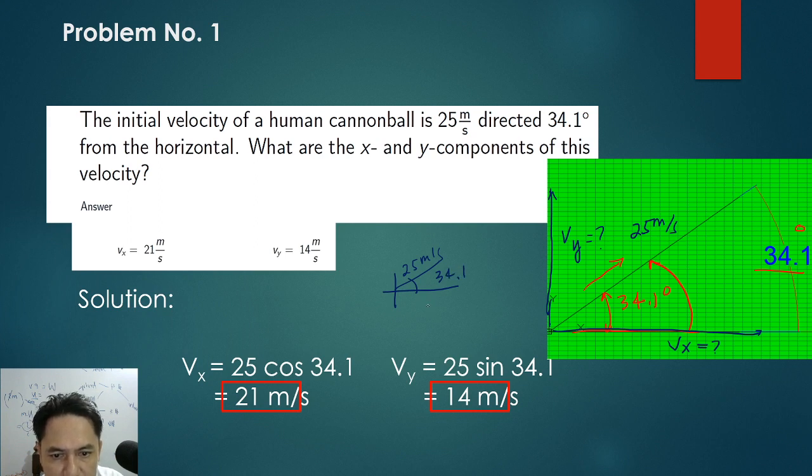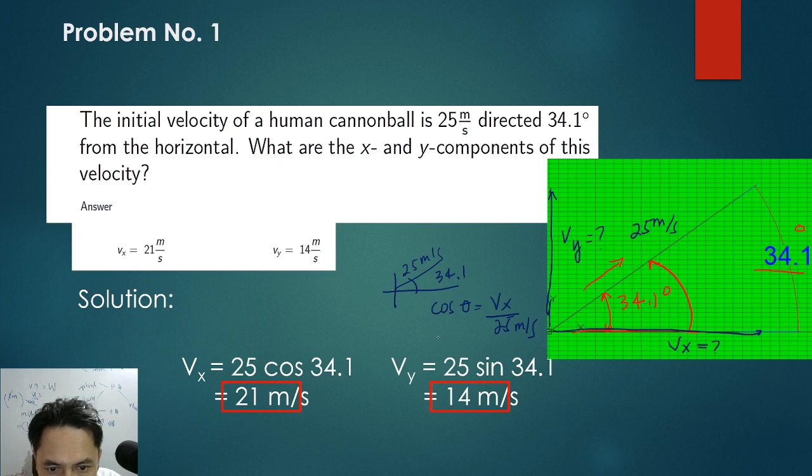So we can formulate a function in trigonometry: sine or cosine of that angle, let's say theta. Theta is adjacent, no? So that is velocity at x over hypotenuse, which is 25 meters per second.